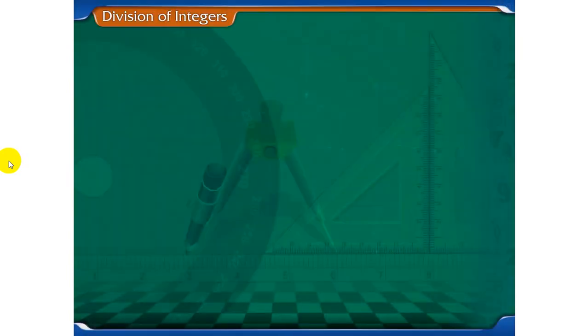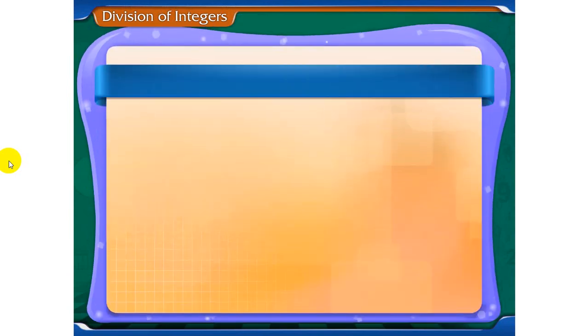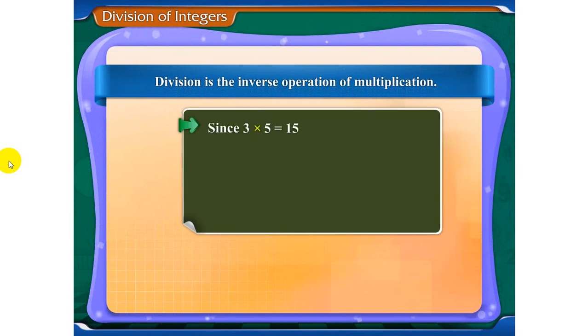Division of integers. We know that division is the inverse operation of multiplication. Let us see an example for whole numbers. Since 3 multiplied by 5 is equal to 15, so 15 divided by 5 is equal to 3, and 15 divided by 3 is equal to 5.